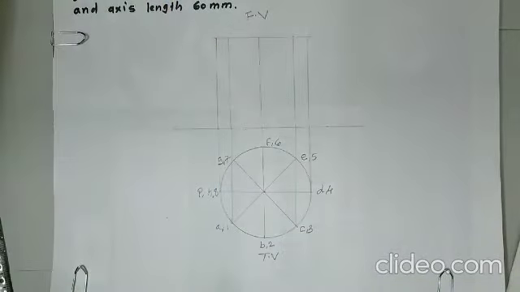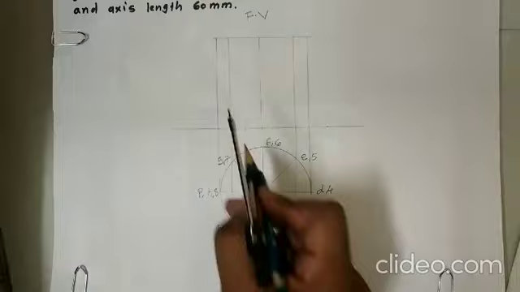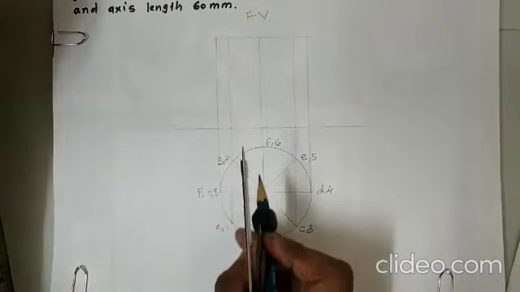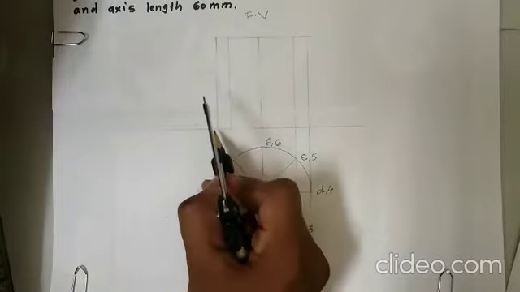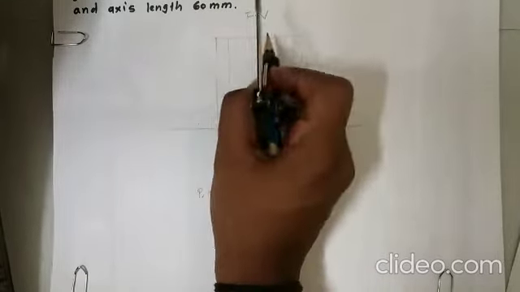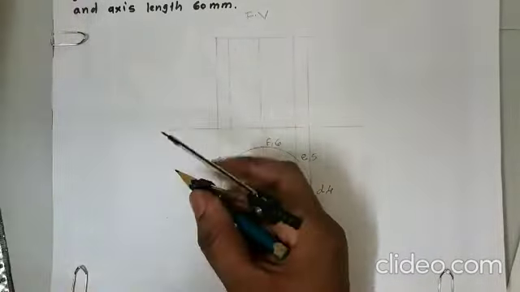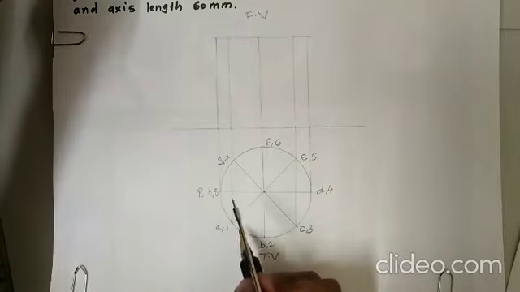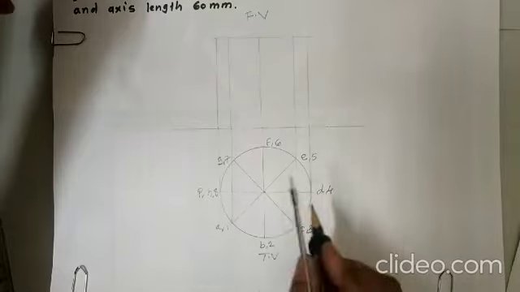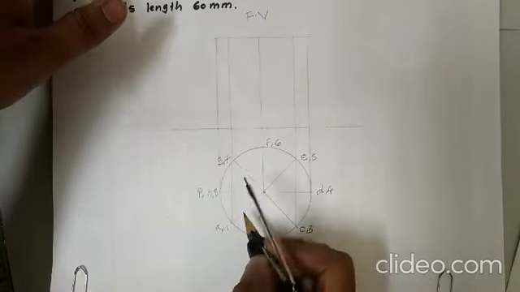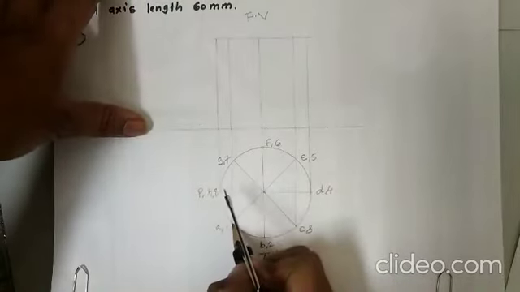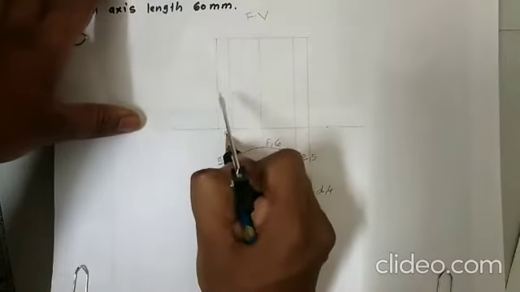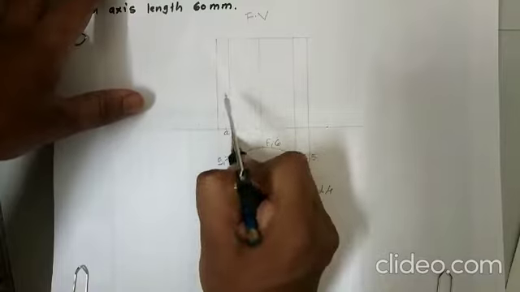Now we just need to give naming to this base and top face. For the base we have used ABCD. Start with this point: this is our A and G, A dash and G dash.